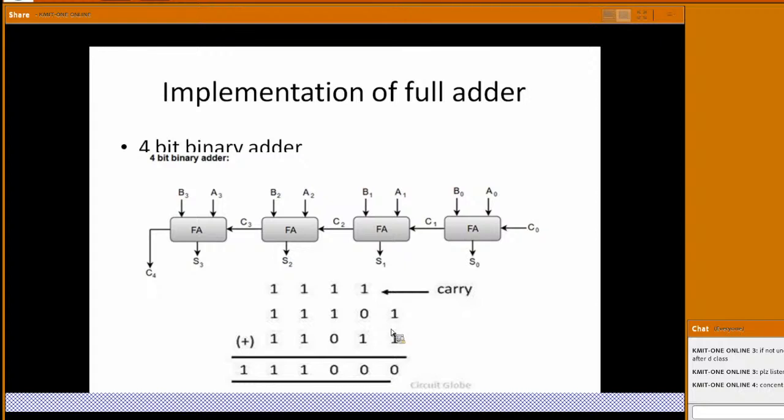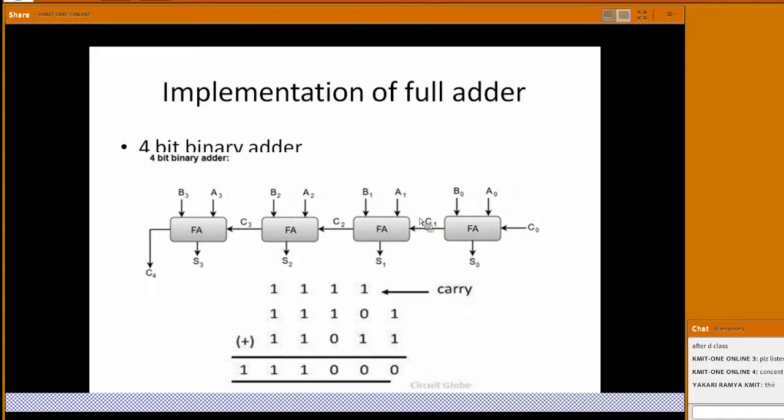So when you perform the addition on the LSB bits of A and B, if you get an output carry, we are giving that carry as an input to perform the addition of the next bits of the registers A and B. So this C1, which is 1, is given as input to the next full adder.